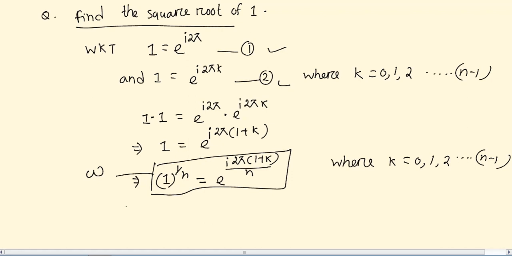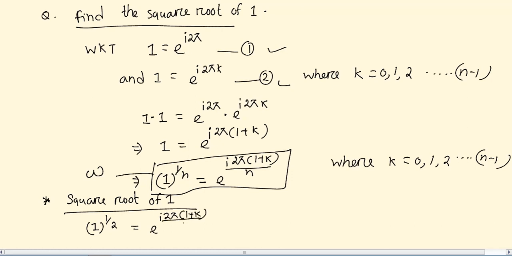Now if we want to find the square root of 1, then we can write 1 to the power half equal to e to the power I 2 pi whole into 1 plus k divided by 2.